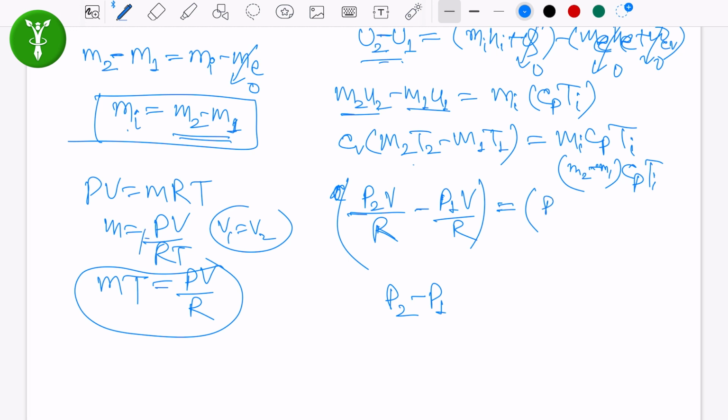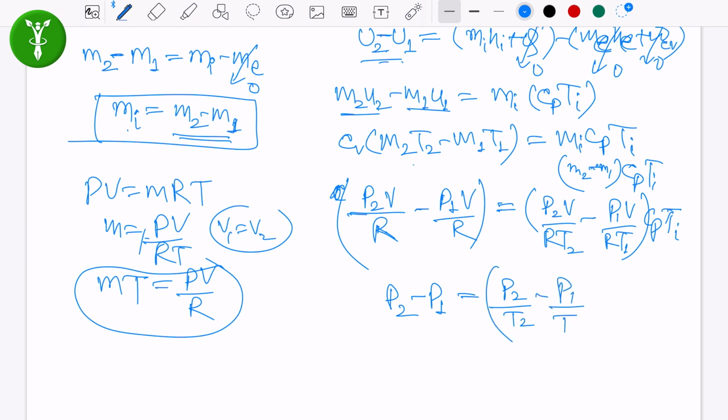So P2 V by R T2 minus P1 V by R T1, into cp into Ti. If I divide by R by V here, it will become P2 by T2 minus P1 by T1, into cp into Ti. So in this equation we don't know the final temperature T2.